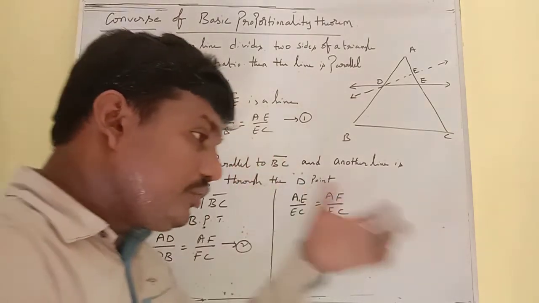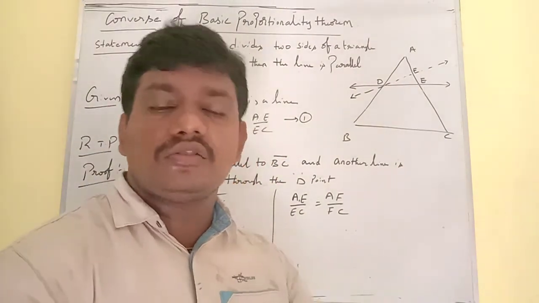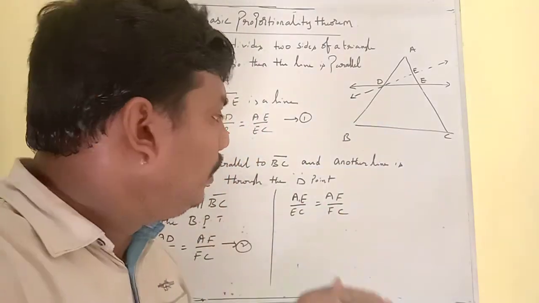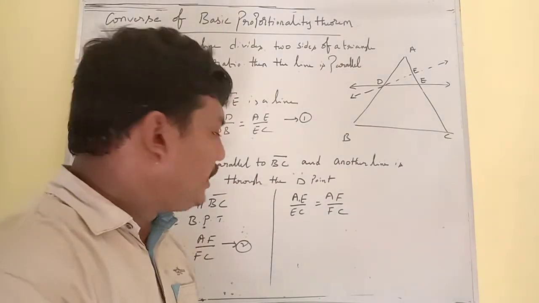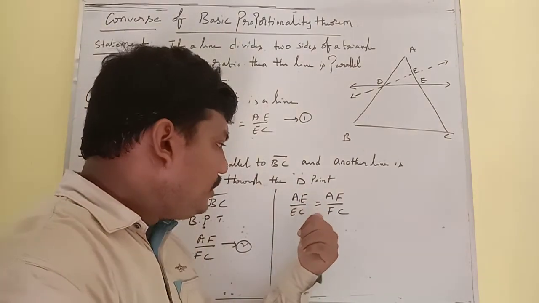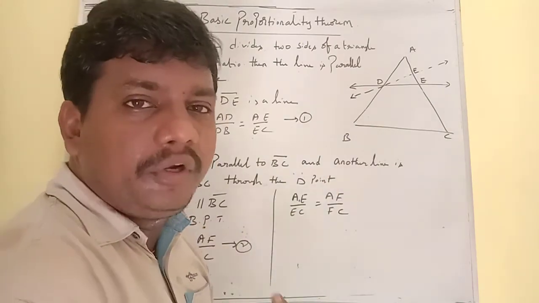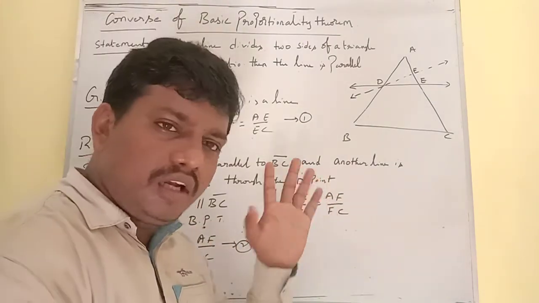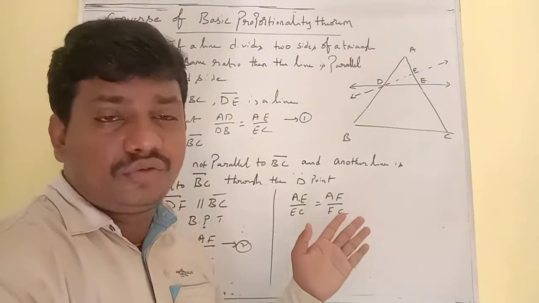So if any ratio is equal, its componendo also is equal, its dividendo also is equal. There are some rules regarding ratios. Here the ratio AE by EC is equal to AF by FC. I am going to apply the componendo rule. Componendo means simply adding 1 on both sides. If you add 1 on both sides, the proportionality does not change, the value should not be changed.